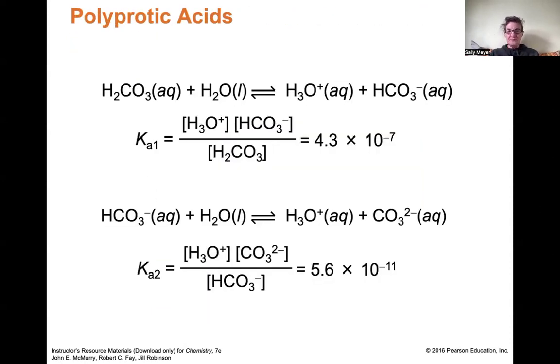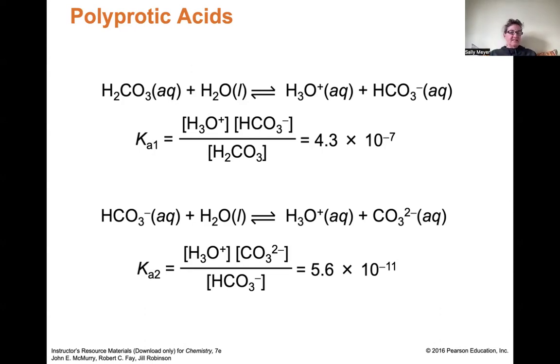So the first one is just for the first reaction, and that would be Ka1. But then you also have the possibility, once you make HCO3-, that's bicarbonate, that can go on and react with water to make more H3O+, and that's usually given the symbol Ka2, so the equilibrium constant for the second acid dissociating. You write it exactly the same.